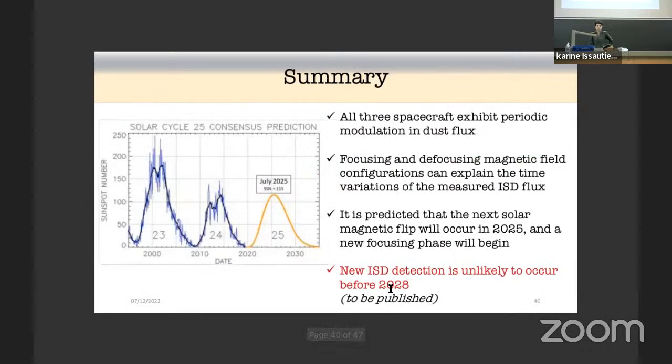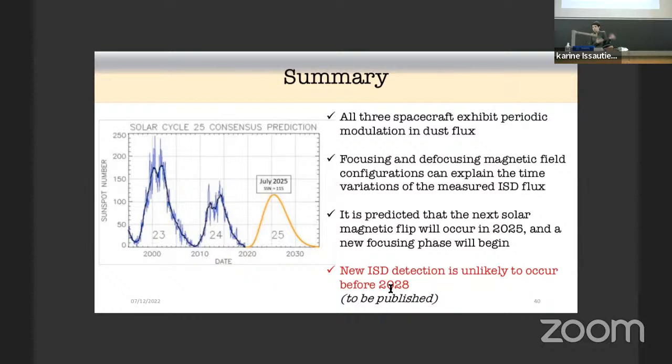This is work in progress, but still what we can see from all of this is that on all three spacecraft we can see basically orbital modulation, but that it is really connected to the special conditions of the magnetic field and to the minimum of the solar cycle.